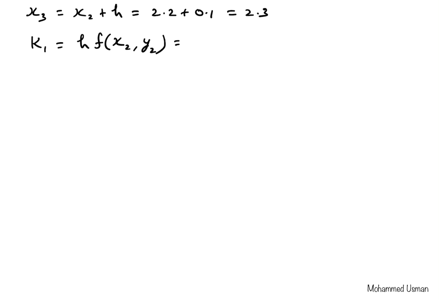So that will give us 0.1 into minus x2 y2 square, which is equal to 0.1 into x2 is 2.2 into y2 is 0.70946 square.